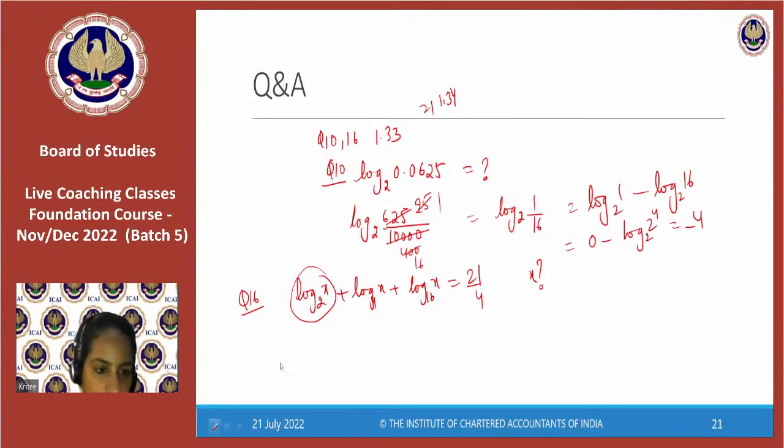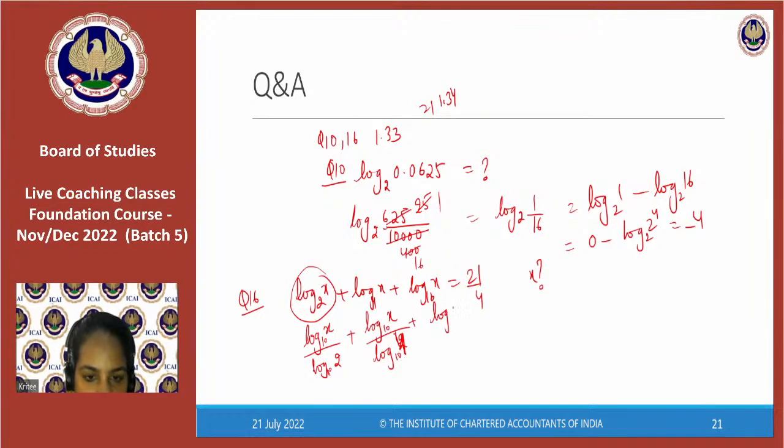So what we can do is bring all of them into the common base. So this can be log x by log 2 to the base 10, plus again log x by log 4 to the base 10, then again log x by log 16 to the base 10.